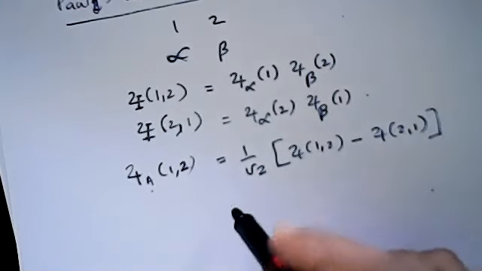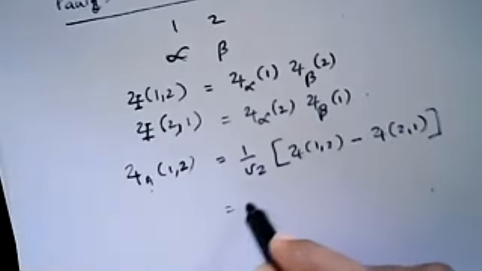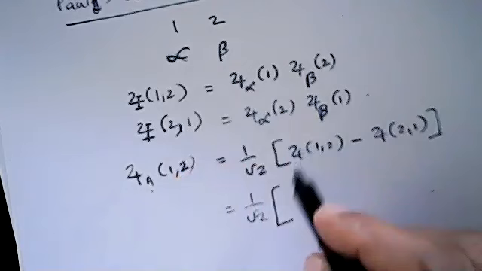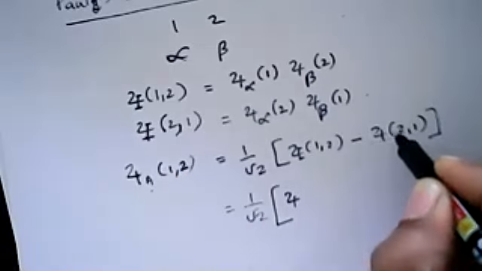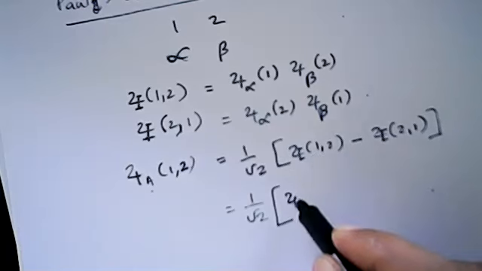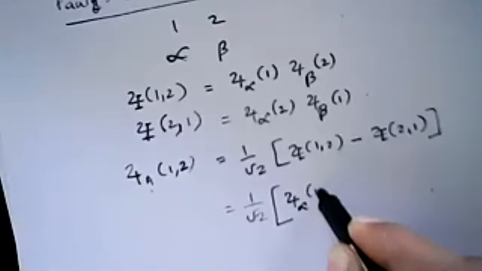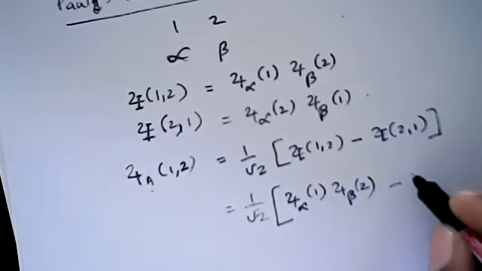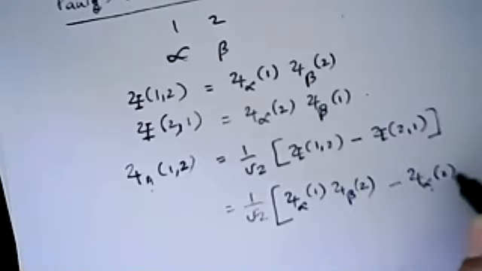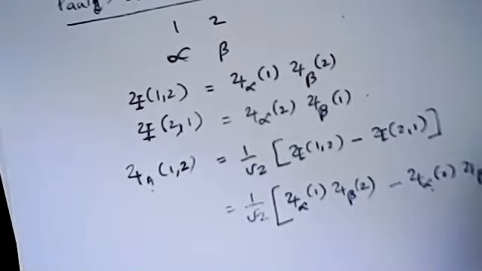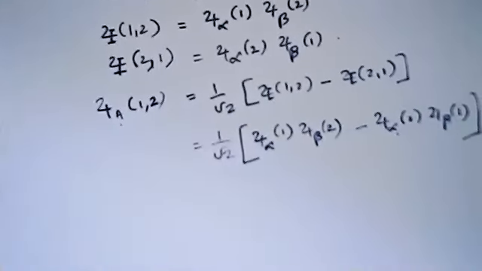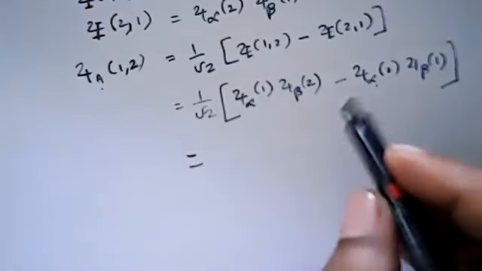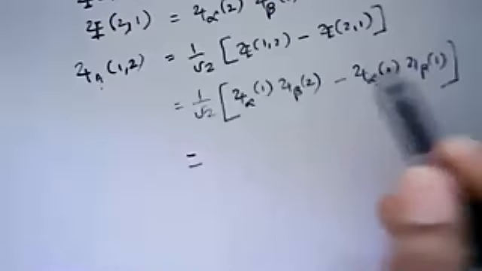Now you can write this as 1 by root 2 times psi 1 2, which is actually capital psi, so psi alpha 1 psi beta 2 minus psi alpha 2 psi beta 1. So this is nothing but a determinant, you can write this as a determinant.